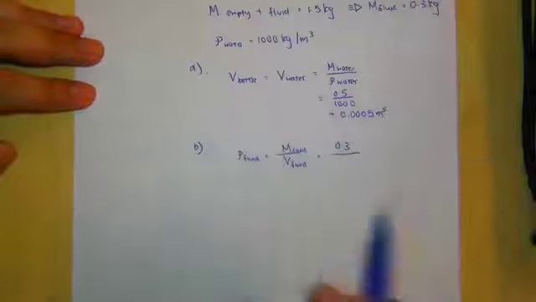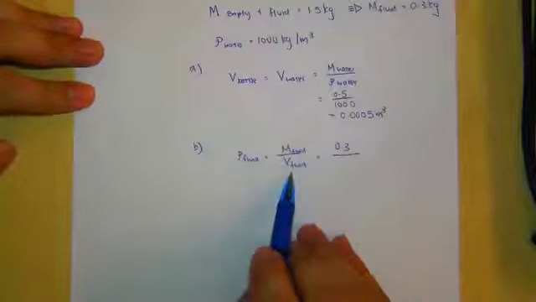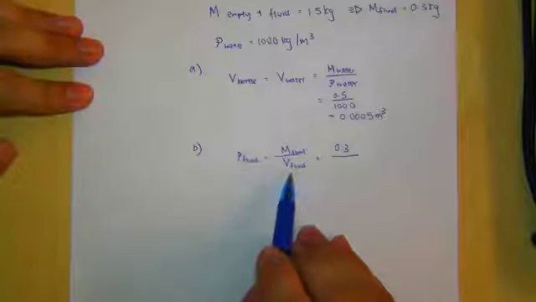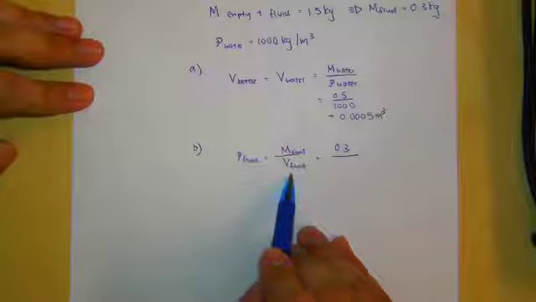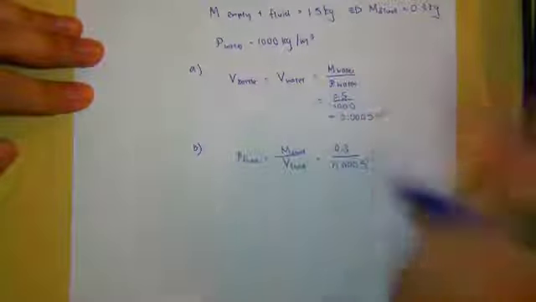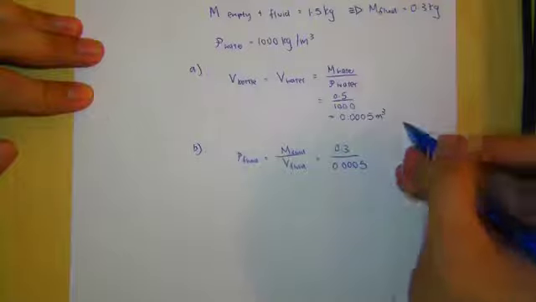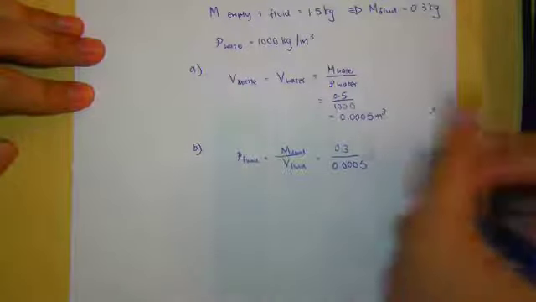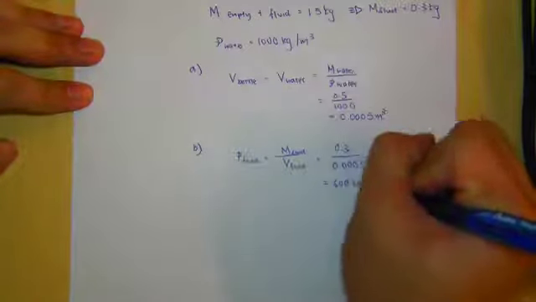How about the volume of the fluid? Because the fluid is taking the shape of the bottle, as I mentioned, the volume only depends on the container, which is the bottle in this case. Therefore, the volume is 0.0005 as calculated from part A above. So this will give us 600.